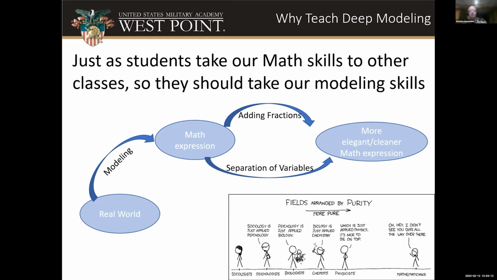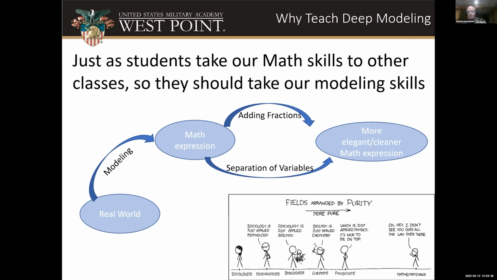What I'd like to point out is that just as students take our math skills, the Laplace transform, the control, the solving differential equations to other classes, so they should also be able to take our modeling skills away from the math class.